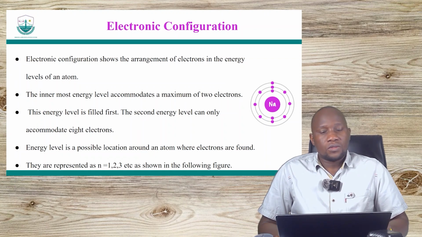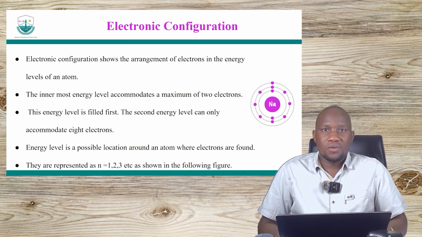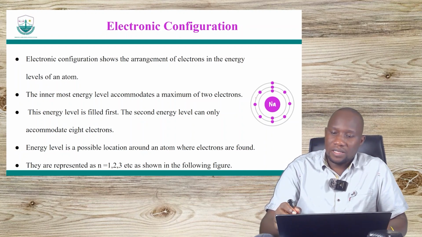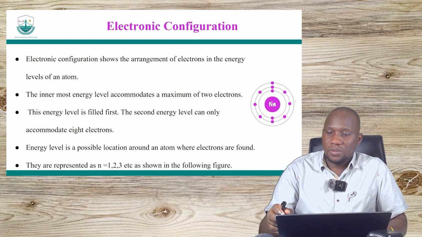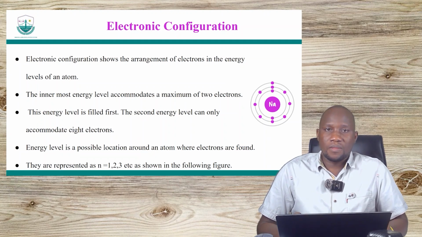Okay, so let's look at the rules. Rule number one is that the innermost shell, remember the shells are these circles that we are representing here. We call them orbits, energy levels, or shells, so the names can really vary.